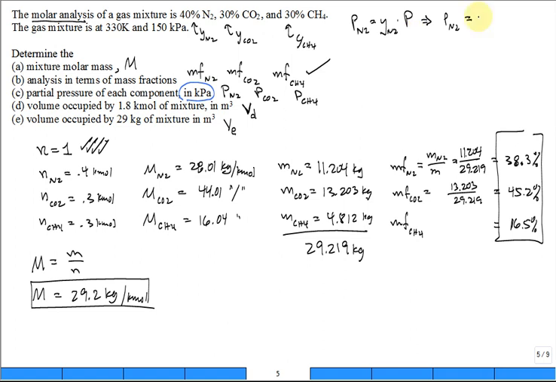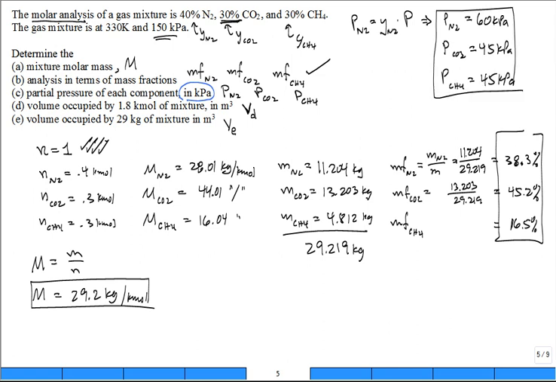So it's 60 kilopascal. And then the partial pressure of the carbon dioxide is 30% of the 150 kilopascal. So it's 45 kPa. And the partial pressure of the methane, CH4, is 45 kPa.